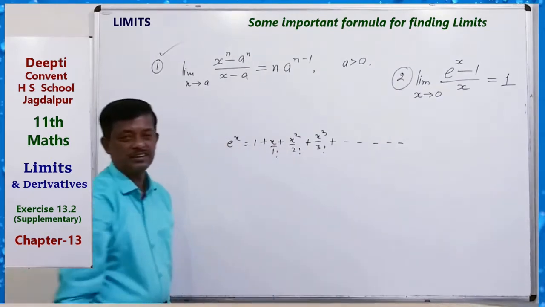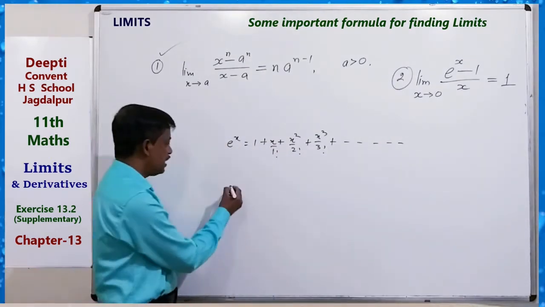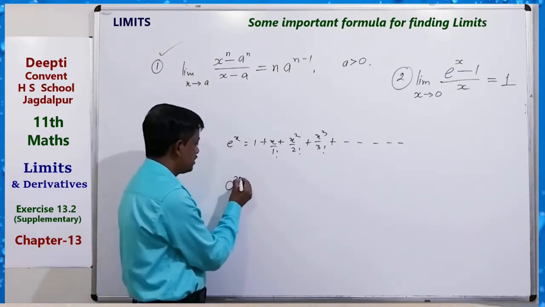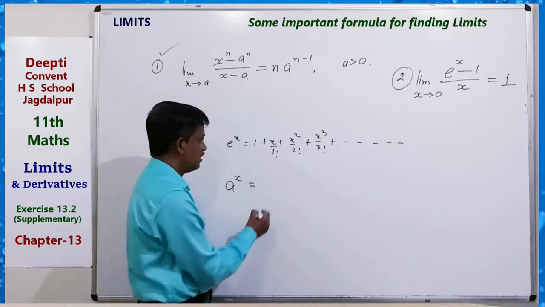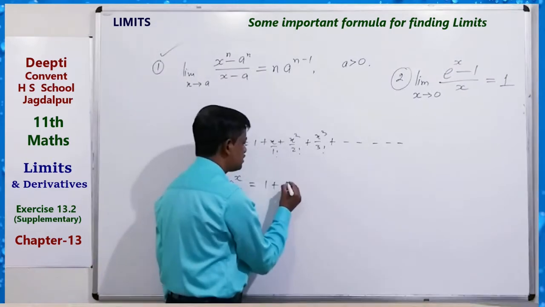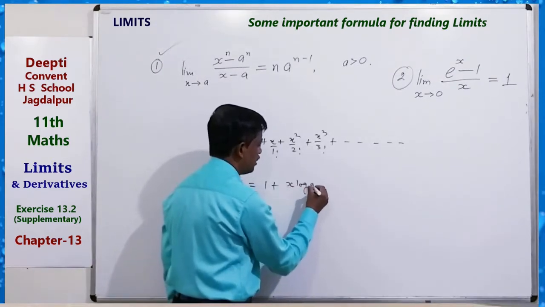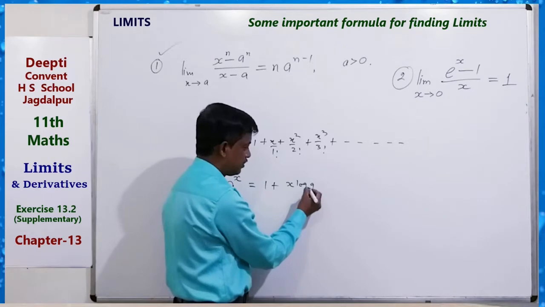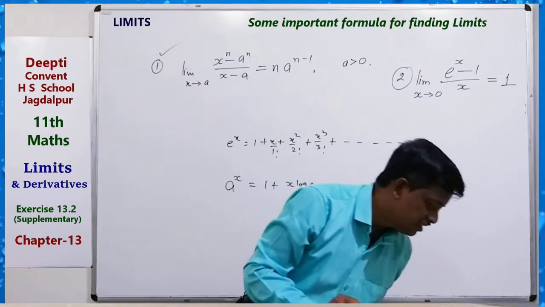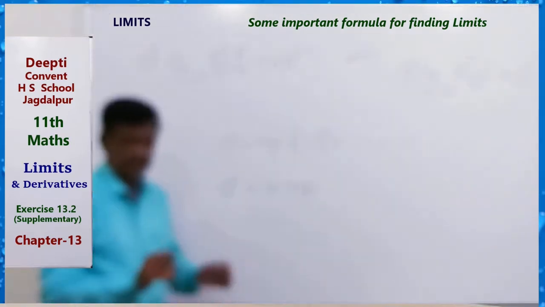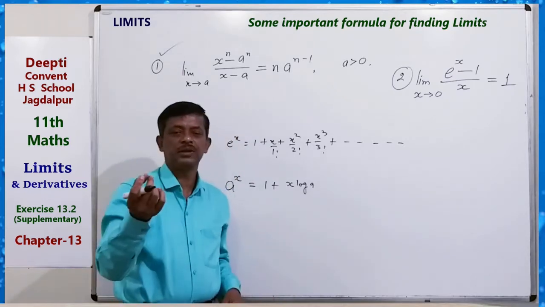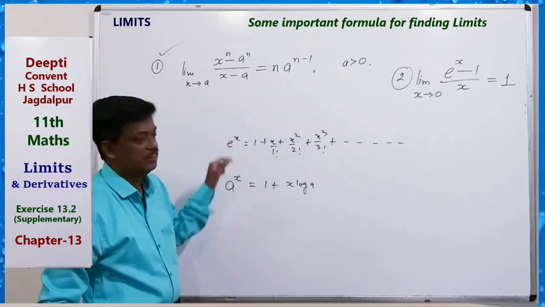So for a to the power x the series is the same, just in place of x, write x log a. Whenever we do not write anything at the base, the base is e, that is, log a to the base e.